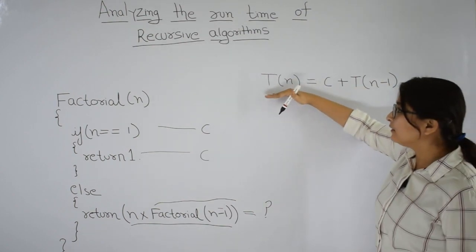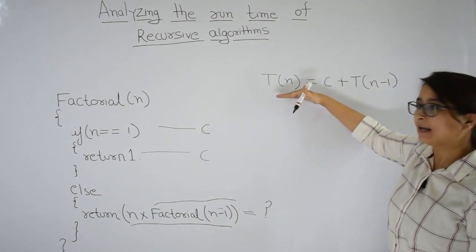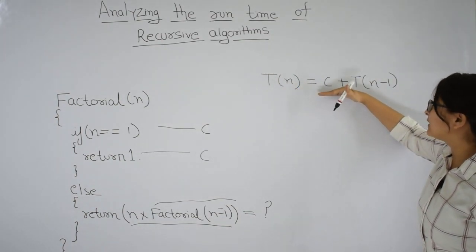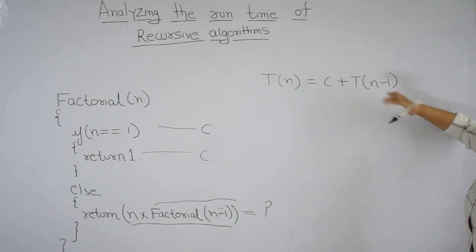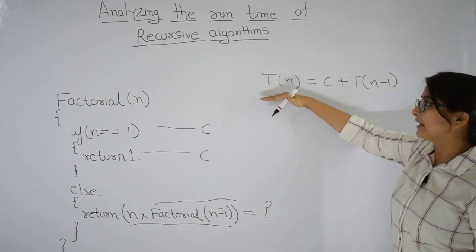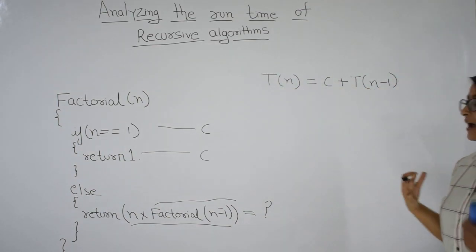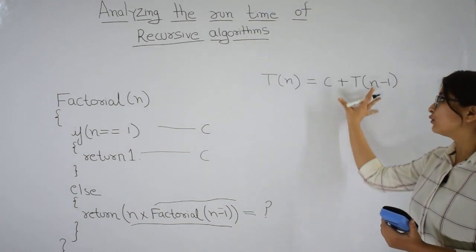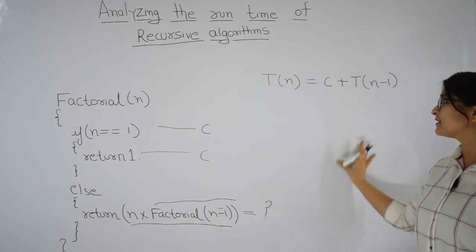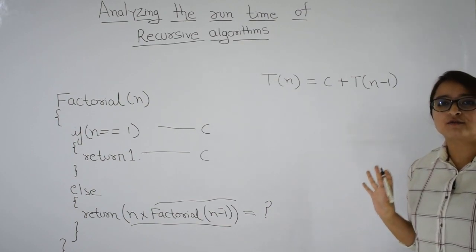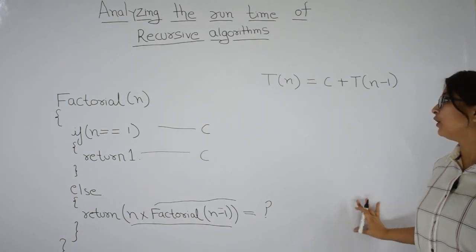Now we do not know what T(n) and T(n minus 1) are, so we have to come up with some means to solve this recurrence equation. Because it is an equation, we can solve it mathematically. So let me try to solve this one for you.